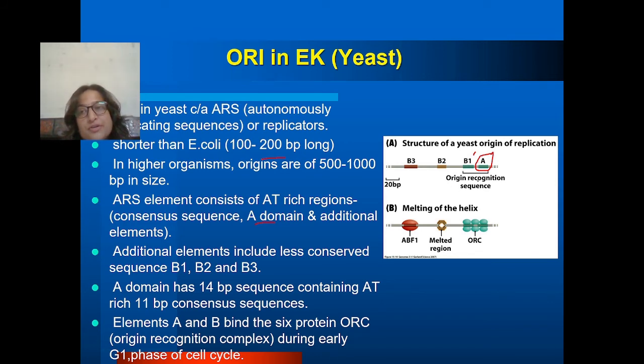The origin recognition complex binds to A and B1 during early phases of G1, which is the phase of the cell cycle where there is a preparation for replication, because actual synthesis takes place in S phase. So during early G1 phase of the cell cycle, they bind to A and B1. So this is all about the structure of ori in yeast.